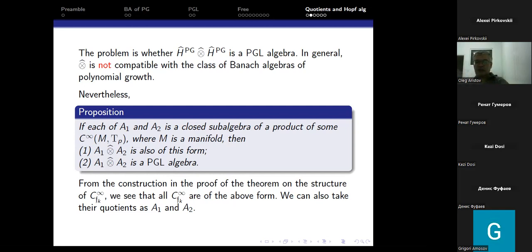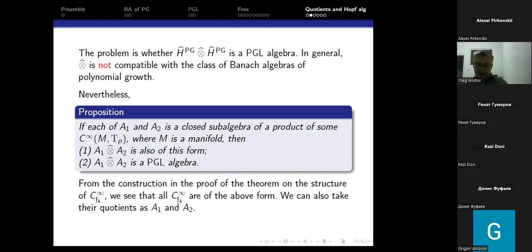And I recall that in the proof of the main theorem on the structure of C infinity of Fk, we have algebras of this form as closed subalgebras of a product of algebras of this form. And moreover, we also can take quotients of such algebras.